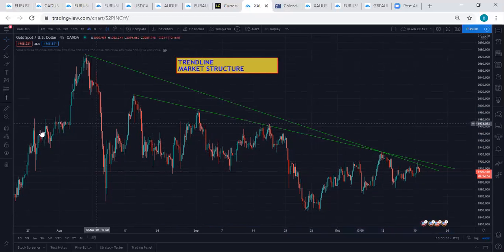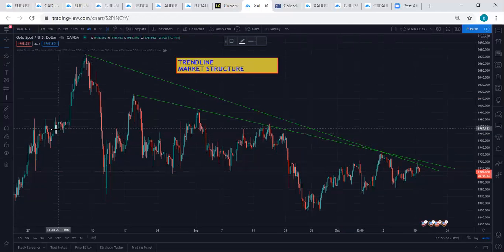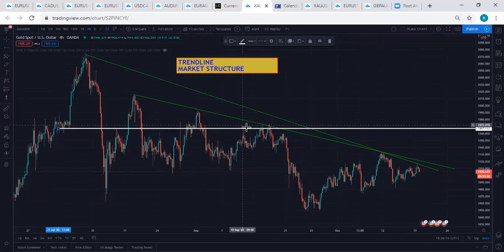Now, after drawing your support and resistance, this is the area where I'll be teaching you confluence. Now look at this. Let me show you something briefly. This is a support, isn't it? This is a support that became a resistance. So let me draw my line. Now see, there is what we call a confluence of support and resistance here.